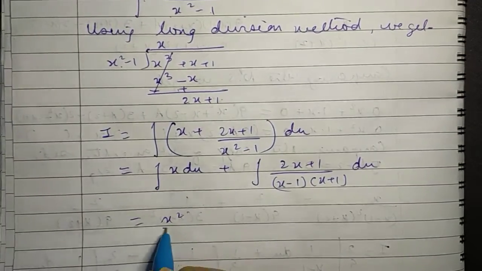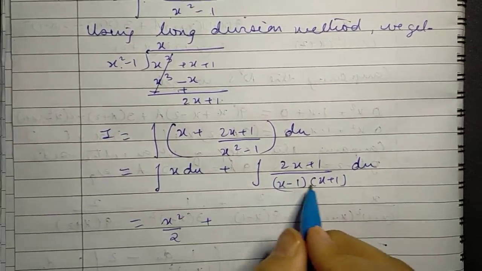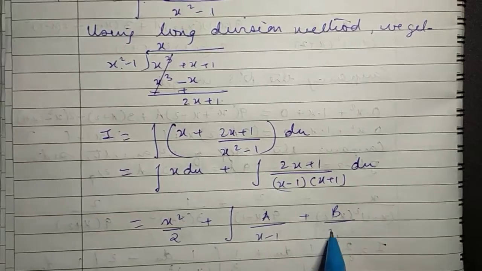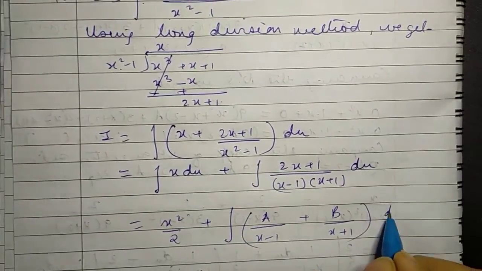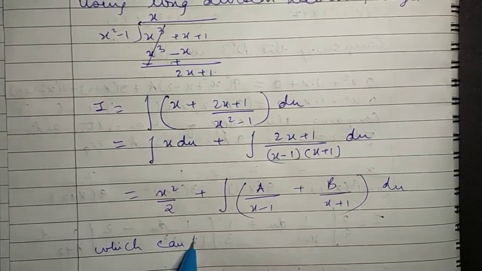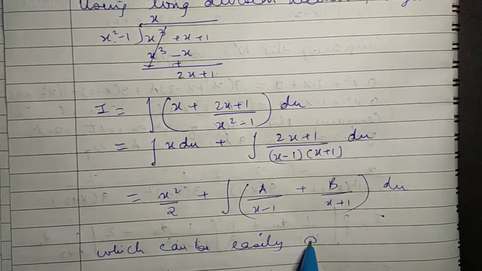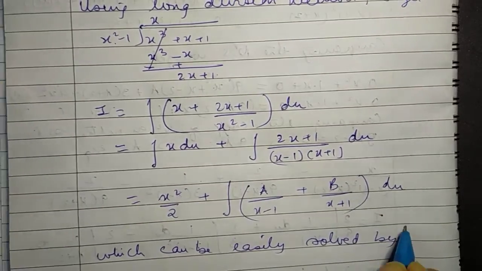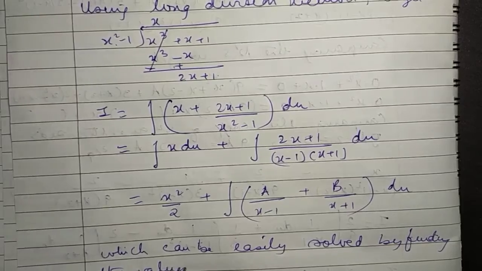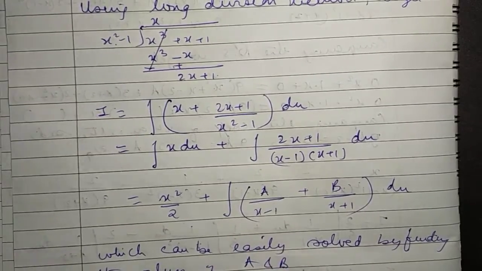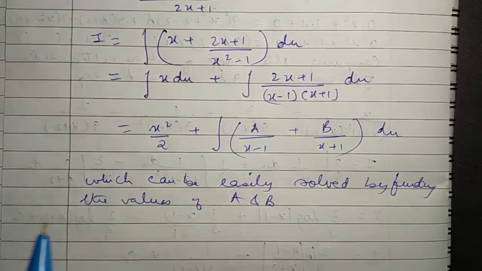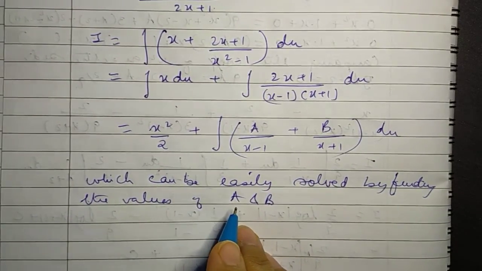So you get it as x squared by 2 plus, and you resolve this into partial fractions as a upon x minus 1 plus b upon x plus 1 into dx, which can be easily solved by finding the values of a and b. In the same manner we can do the rest of the questions, especially till question number 15. Thank you.